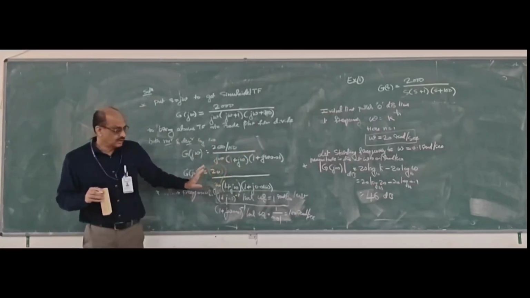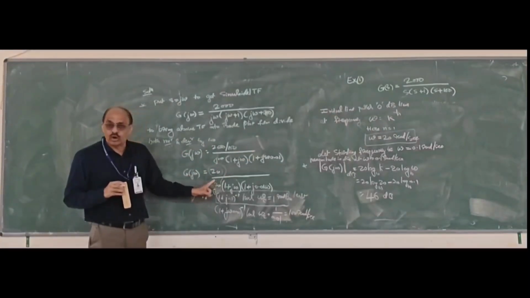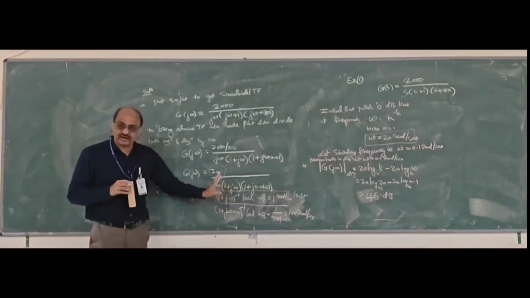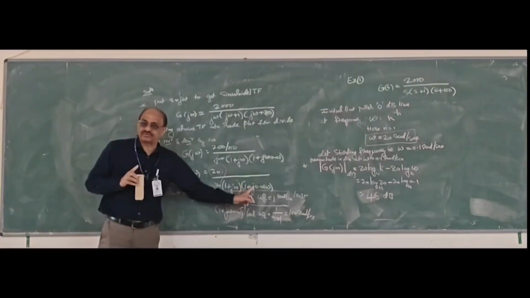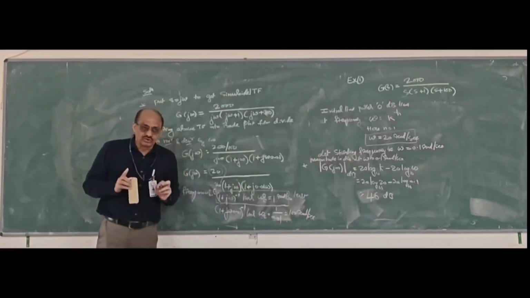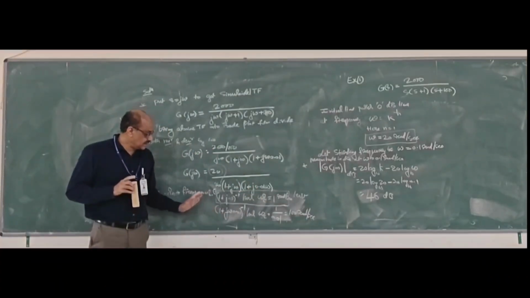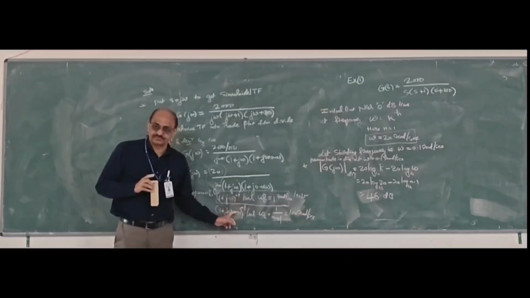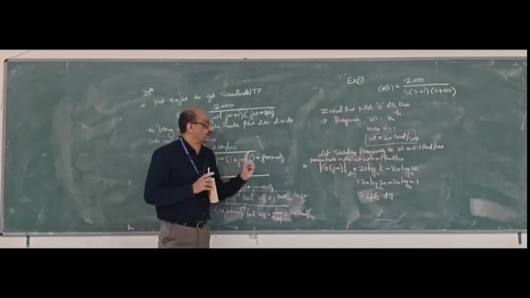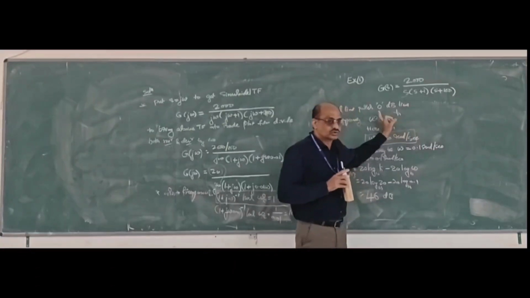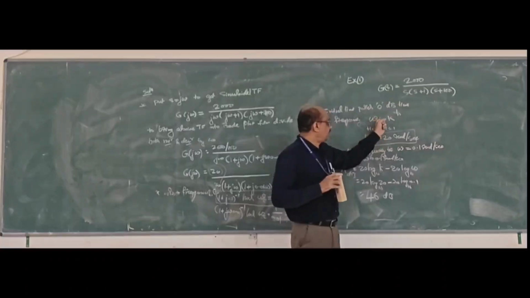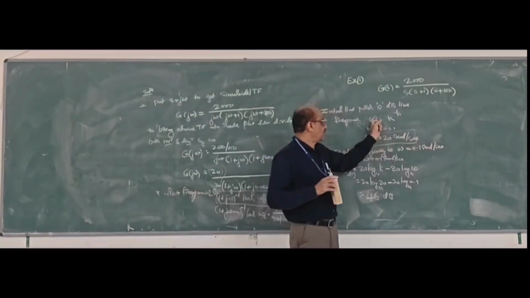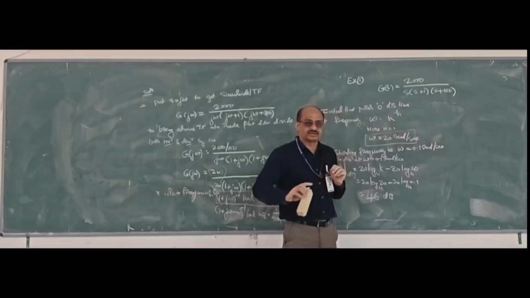So what are the factors I have? I have a k, one integral factor, and two first order poles. Then I have to see the corner frequencies and also the 0 dB line. We have derived this: if I have n poles at the origin, it passes the 0 dB line at omega equal to the nth root of k.